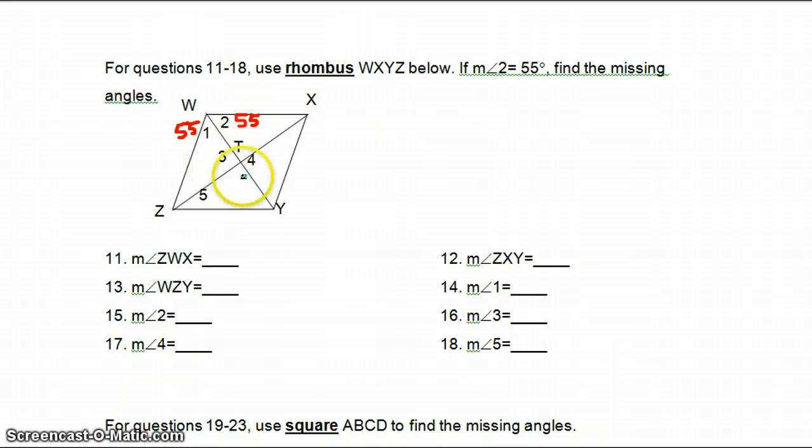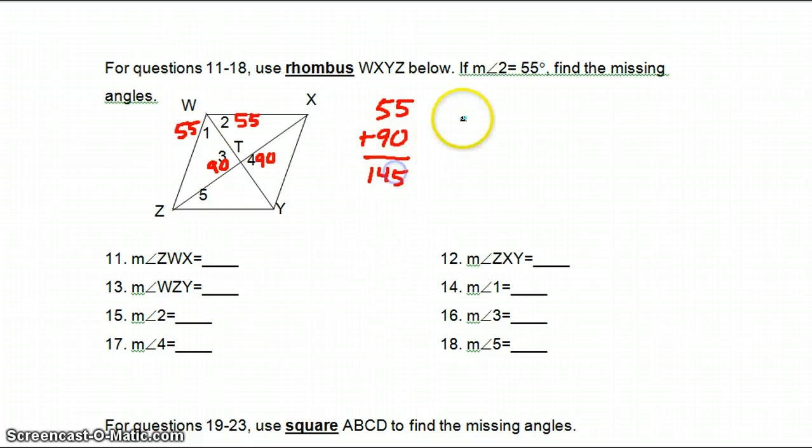We know in the middle we have right angles, so this is 90, and this will be 90 over here, and we know that all three of these add up to 180, so if I do 55 plus 90, that gives me 145, and 180 minus 145 is 35, so 35 is going to go right here. And if these are bisected, angle 5 is also going to be 35.